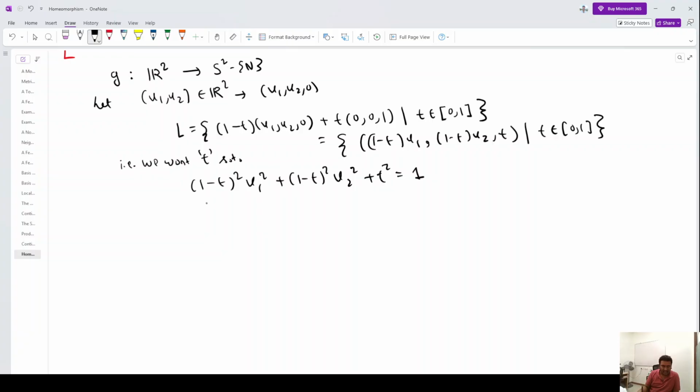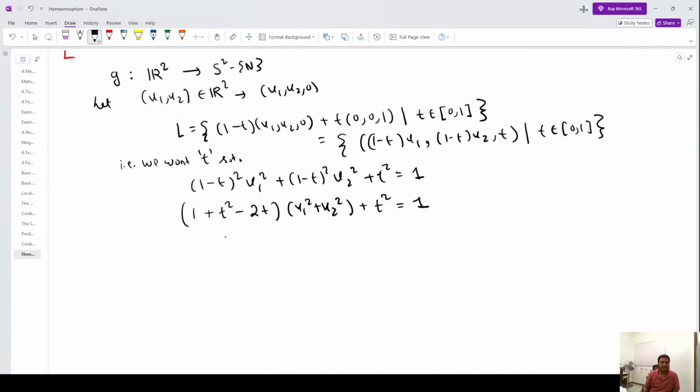So what you have is 1 plus t square minus 2t, times x1 square plus x2 square, plus t square equal to 1.